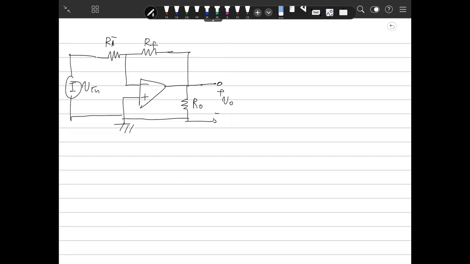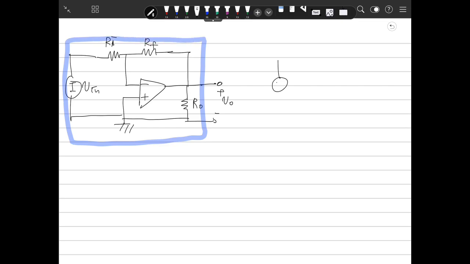So if you make this circuit one voltage source VOC and RTH, this is Thevenin theory. You can replace this circuit with this circuit.